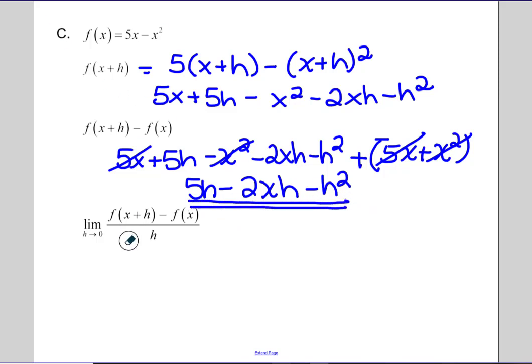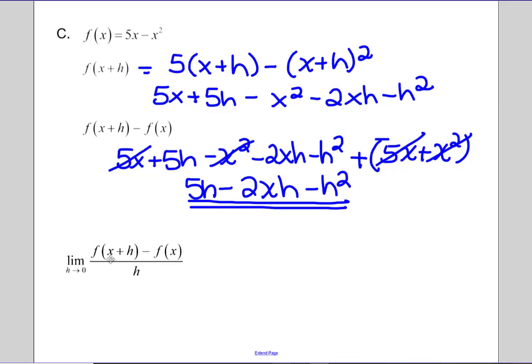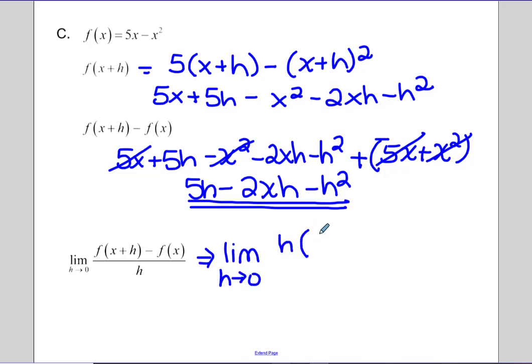And we can use that. Let's take out an h from each of the terms and an h from the bottom, which would give us the limit as h approaches 0, with an h in the numerator leaving 5 minus 2x minus h, and then we're going to divide by h, so this common factor can be removed.